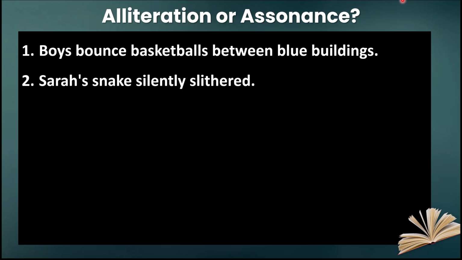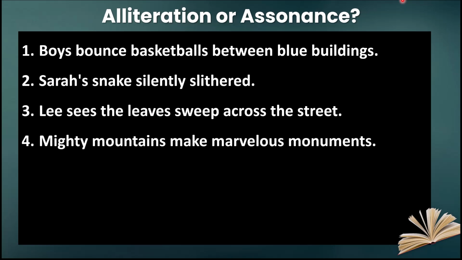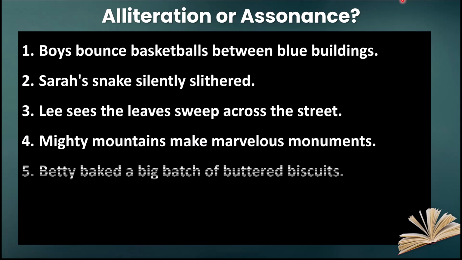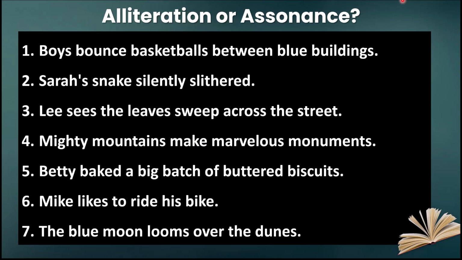Sarah's snake silently slithered. Number 3. Lee sees the leaves sweep across the street. Number 4. Mighty mountains make marvelous monuments. Number 5. Betty baked a big batch of buttered biscuits. Number 6. Mike likes to ride his bike. And finally, number 7. The blue moon looms over the dunes.